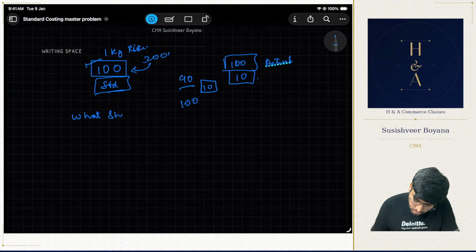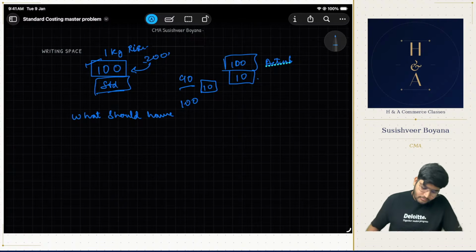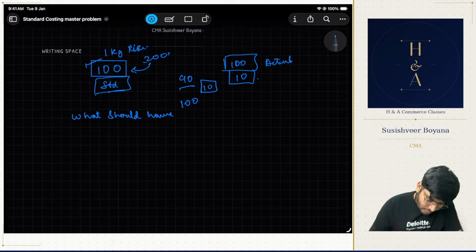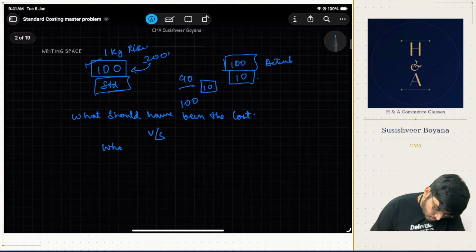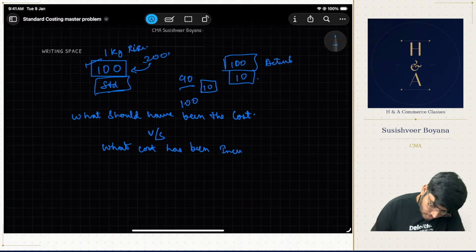What should have been the cost versus what cost has been incurred, right?